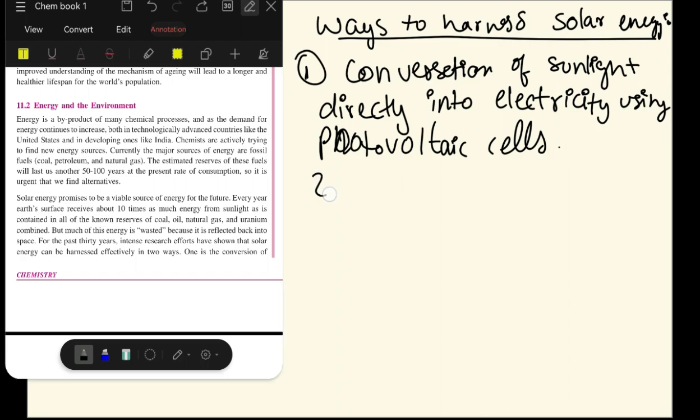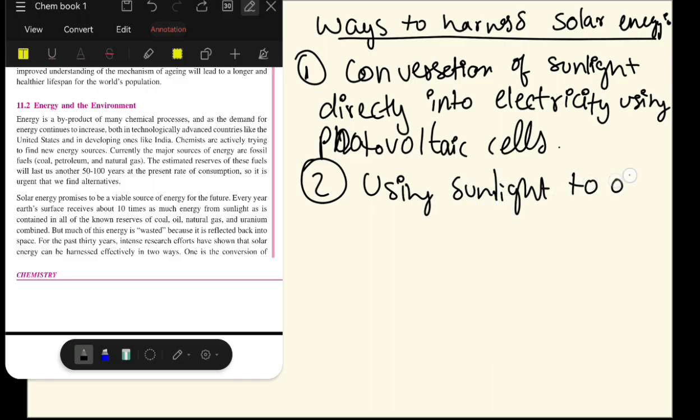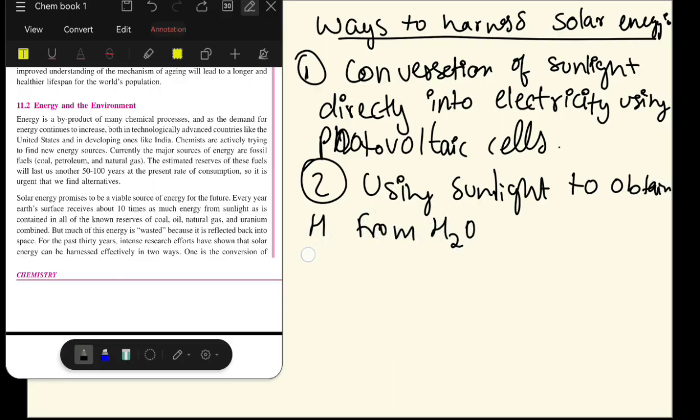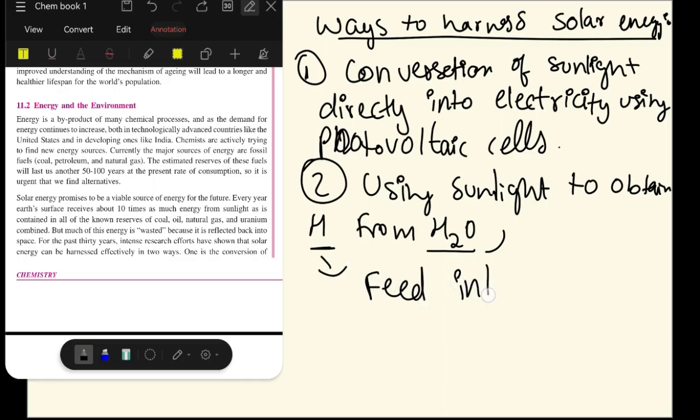The second way is using sunlight to obtain H from H2O. H is hydrogen. So we can use sunlight to obtain hydrogen from water. And we can feed this hydrogen into a fuel cell to generate electricity.